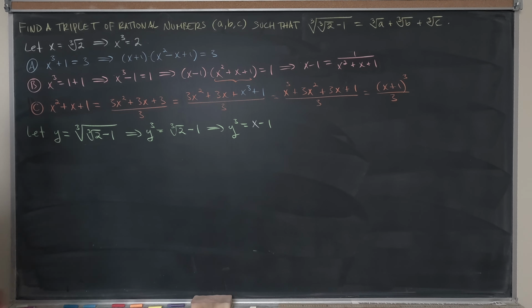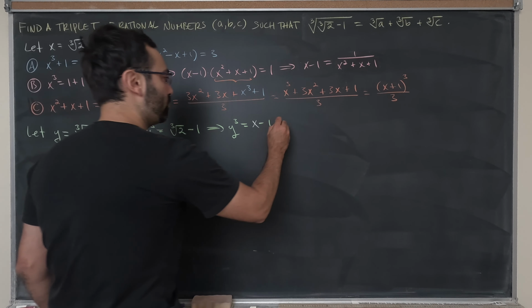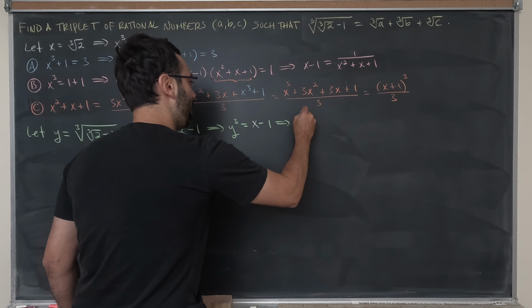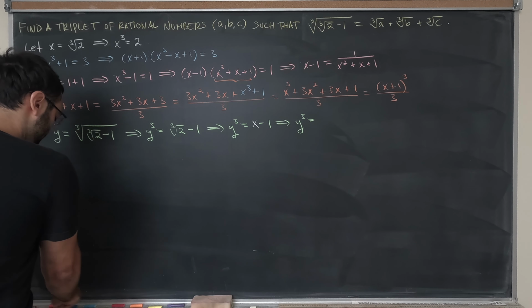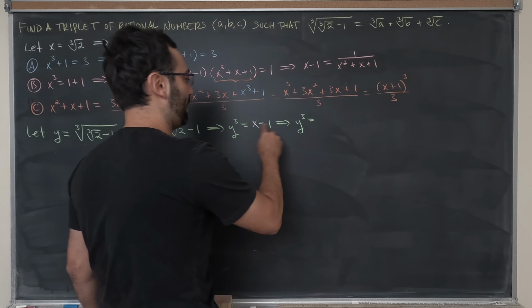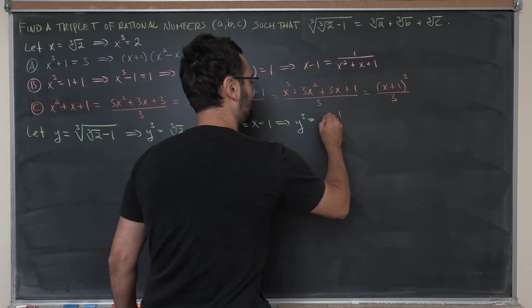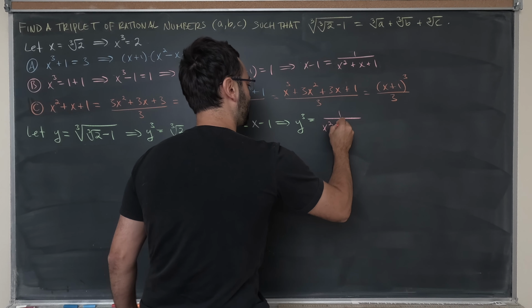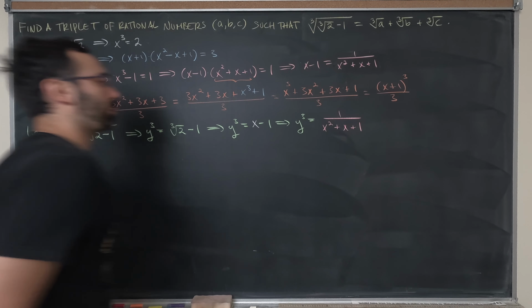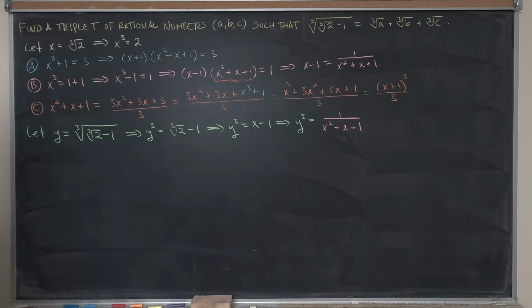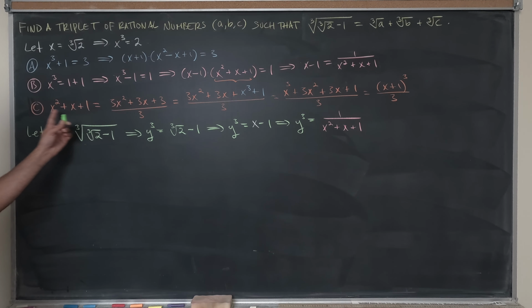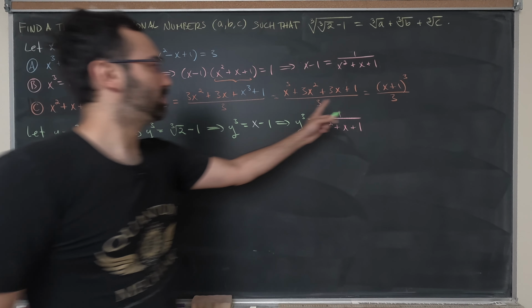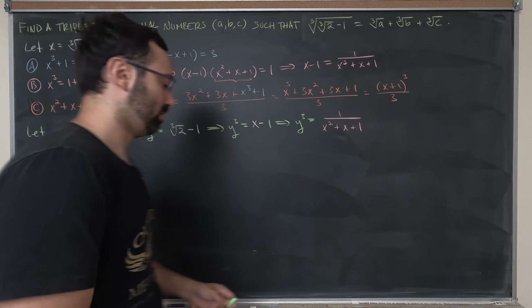So that now tells us that down here in green, y cubed is nothing more than what we have in pink, x minus 1. But remember, x squared plus x plus 1 is what we have in brown. And that's just x plus 1 all cubed divided by 3.